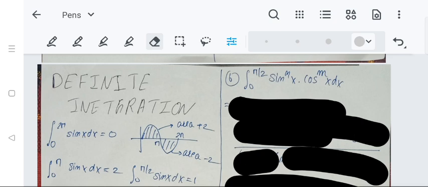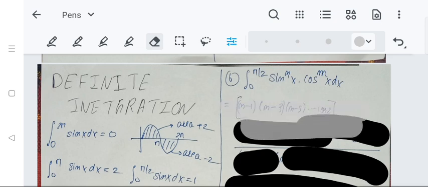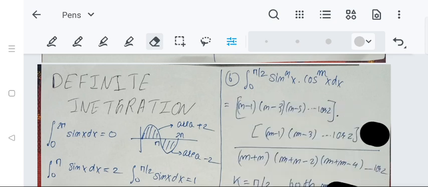Now if both sine and cos terms come, then the integration of 0 to pi by 2 of sine raised to the power n x multiplied by cos raised to the power m x, what would be the terms? It will be similar to the previous one.